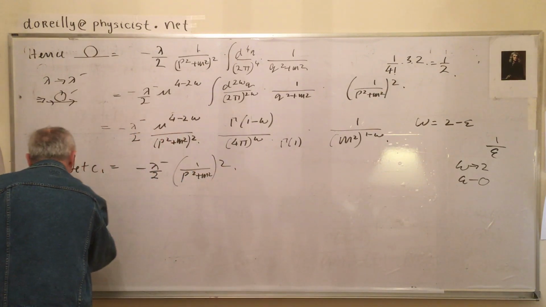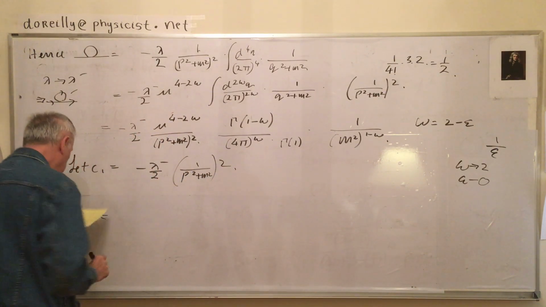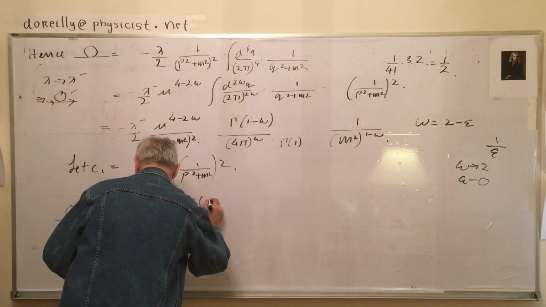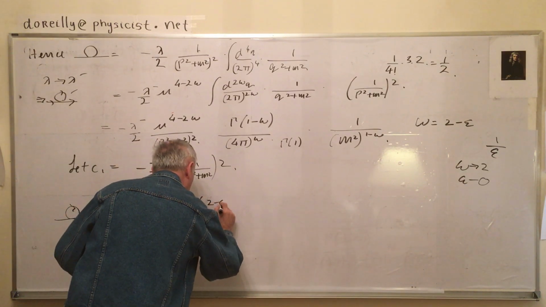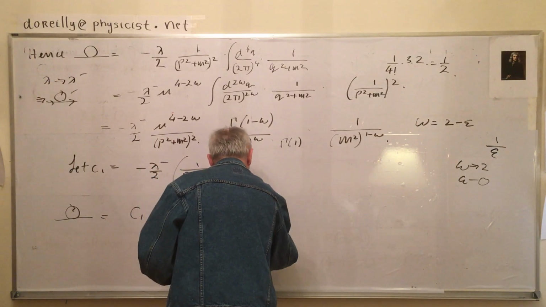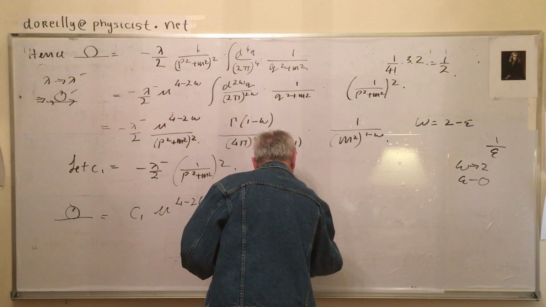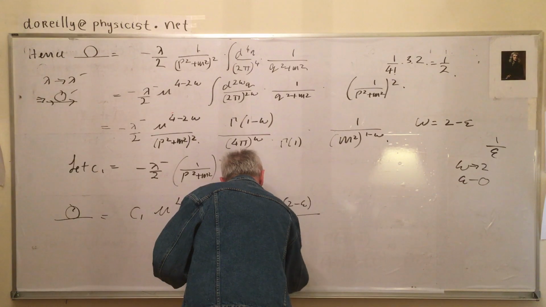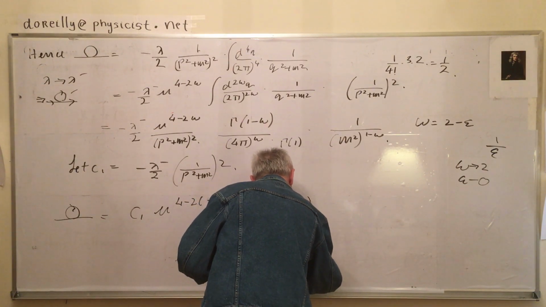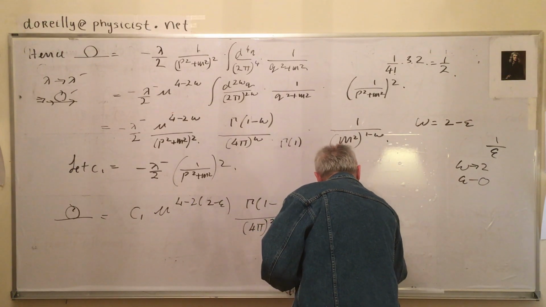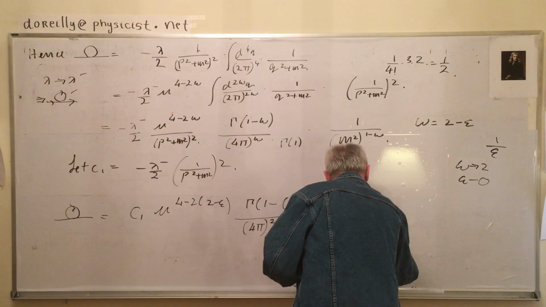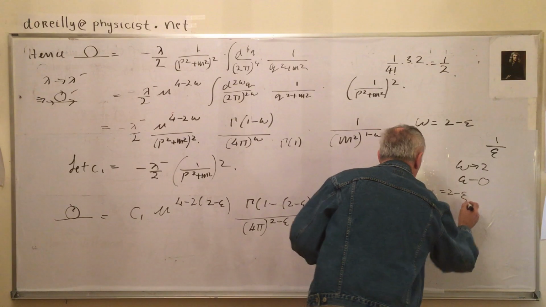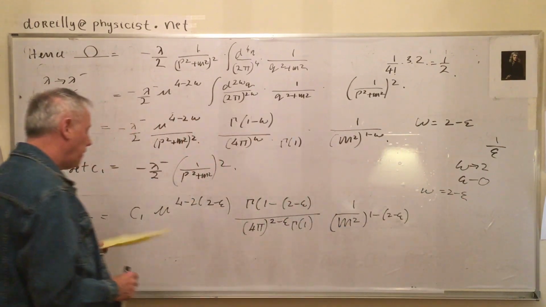So we get our diagram equal to... All I've done is I put in 2 minus epsilons in here for every omega.